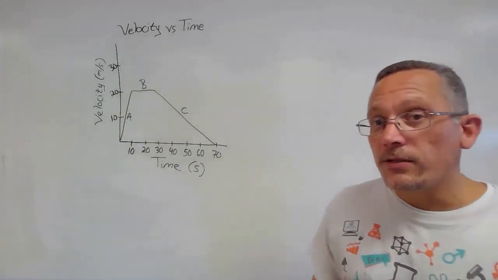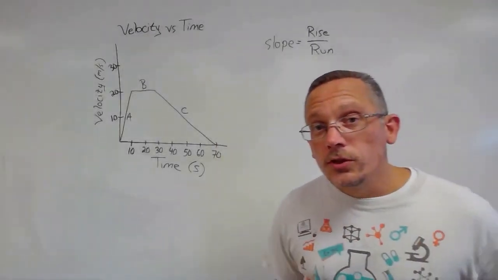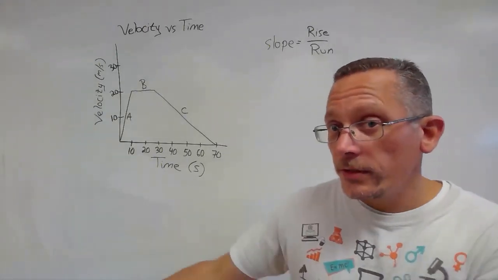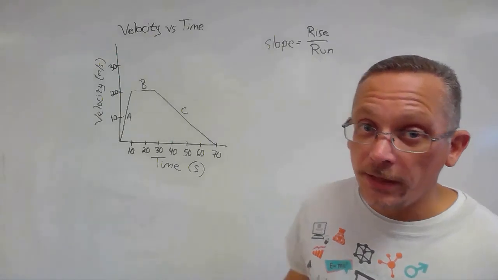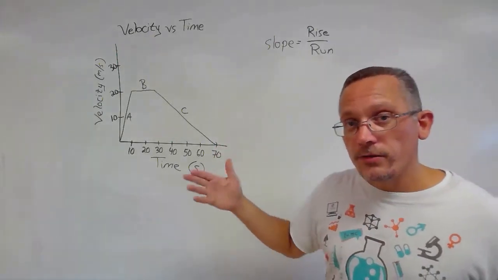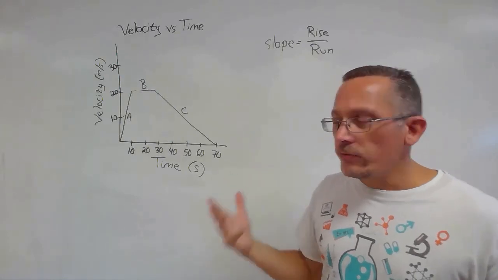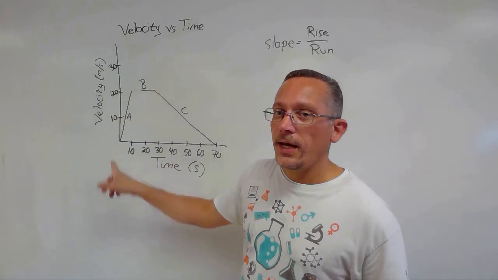Now let's take a look at what that slope means. Just like the slope on a position versus time graph, the slope on a velocity versus time graph has a special meaning. Okay, let's think about the slope for a minute here. The slope is the rise over the run. What does the rise really mean? The rise is the change in what's on the y-axis.